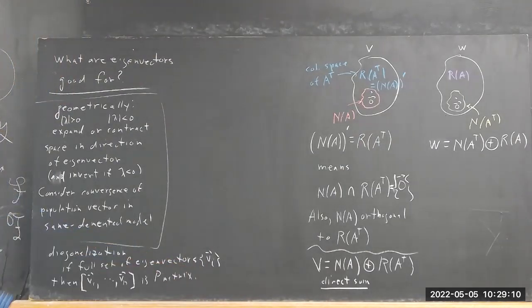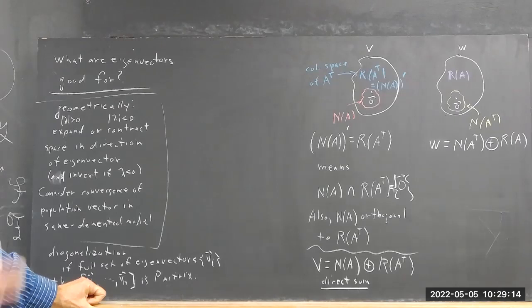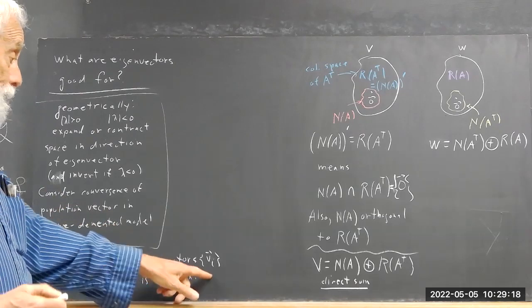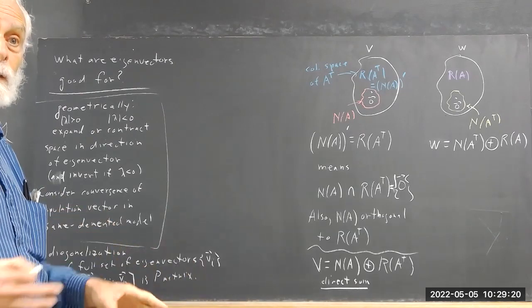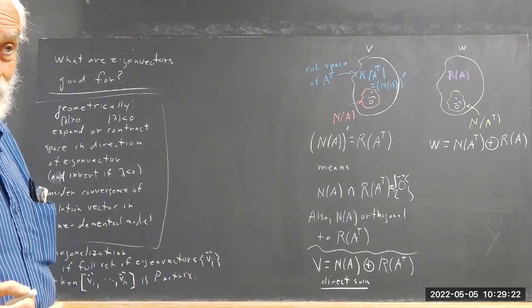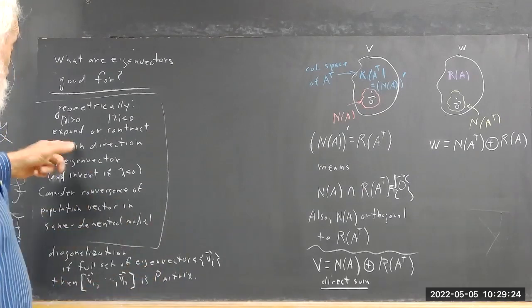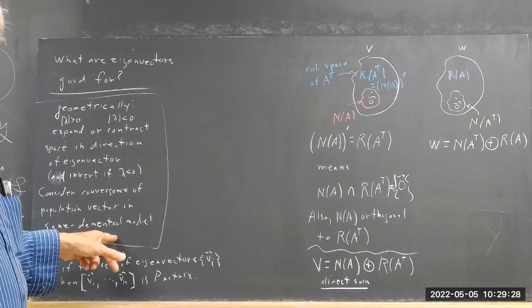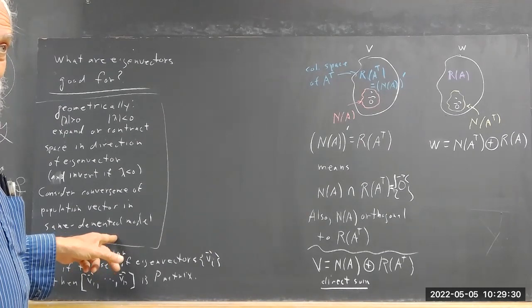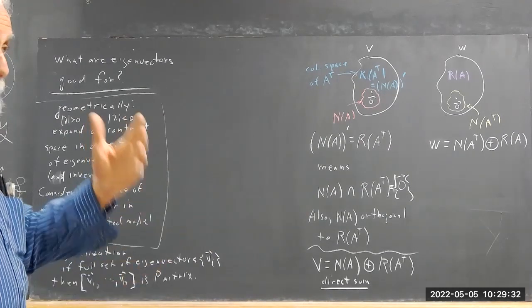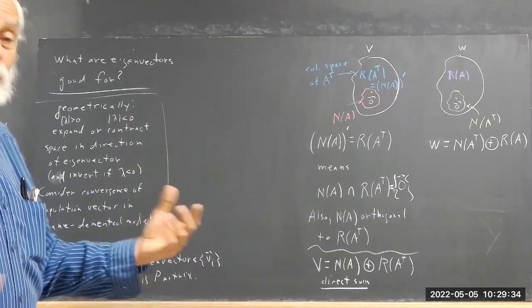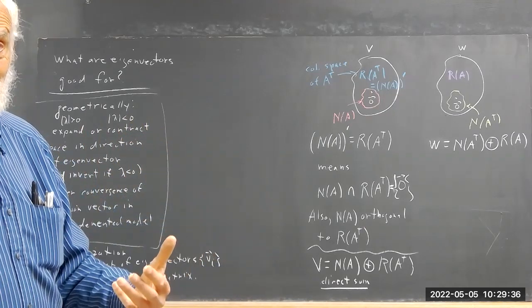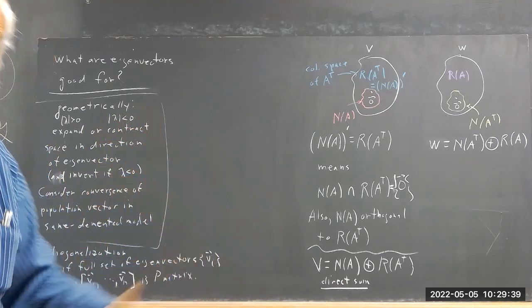Then, if you have a full set of eigenvectors, if the eigenvalues are all distinct, they're going to be mutually orthogonal. Now, the state transition model shows you that you don't have to have orthogonal eigenvectors, okay? Because your state transition matrices are stochastic, they're almost always not symmetric.